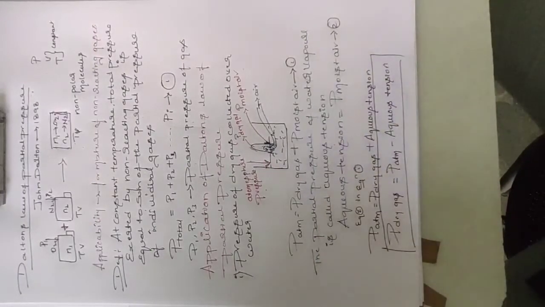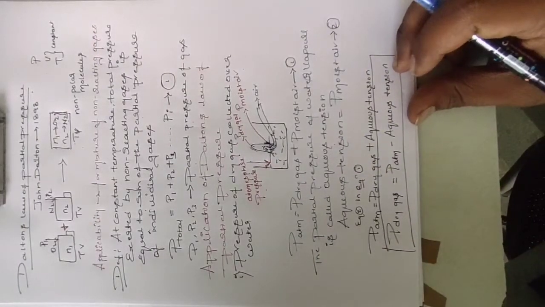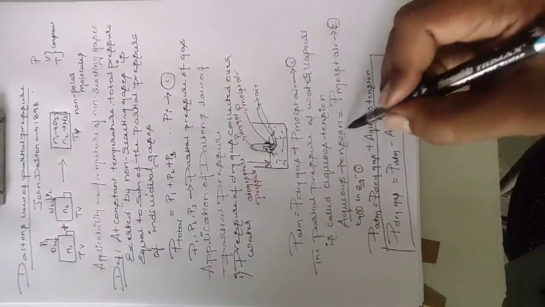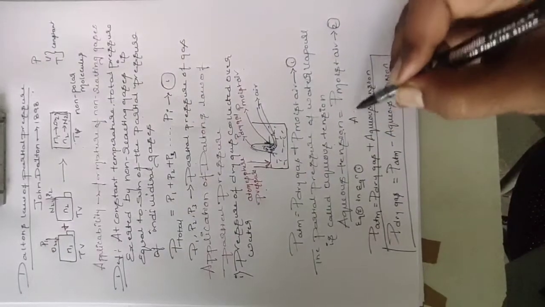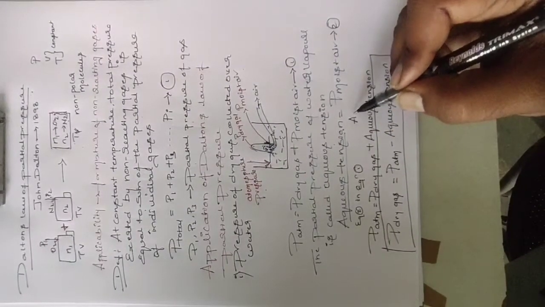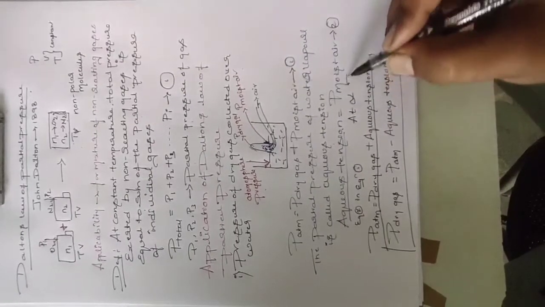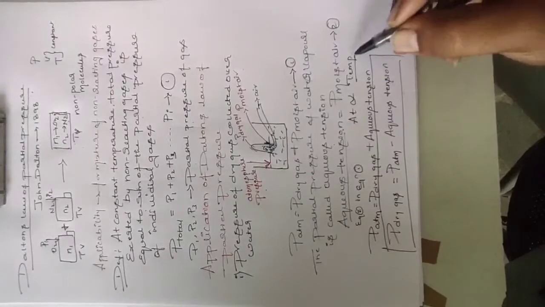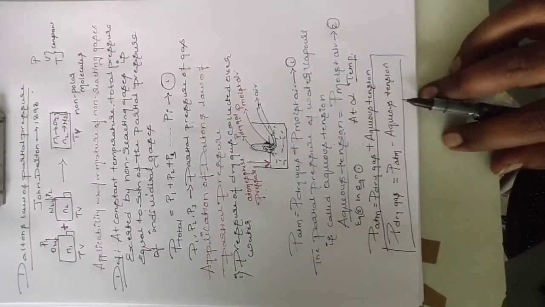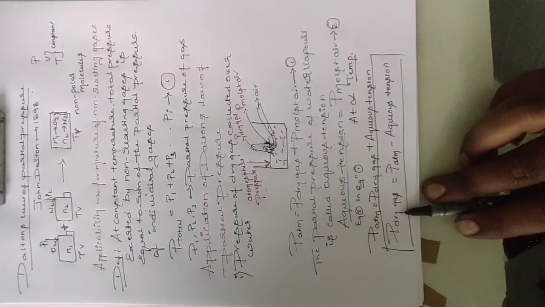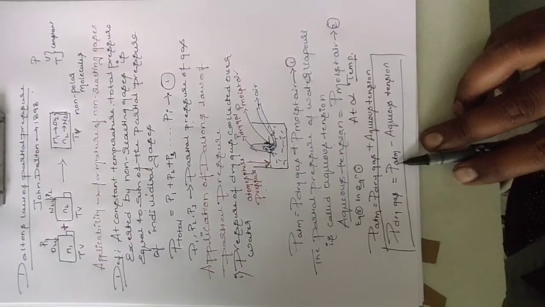Very very important, aqueous tension is directly proportional to the temperature. If temperature increases, aqueous tension increases. Aqueous tension increases, the pressure of dry gases also increases, and atmosphere pressure also increases.